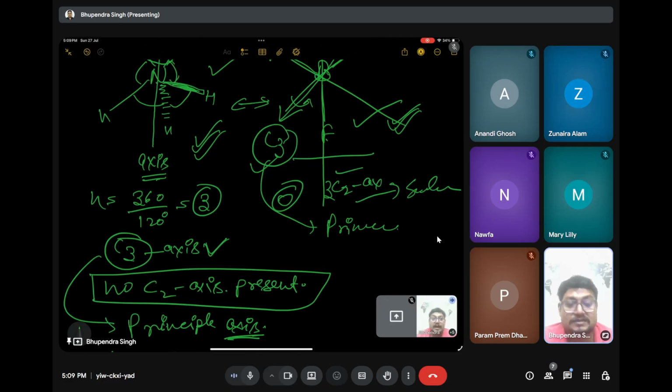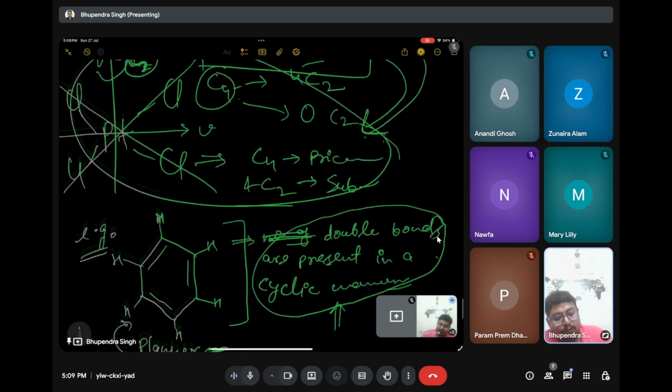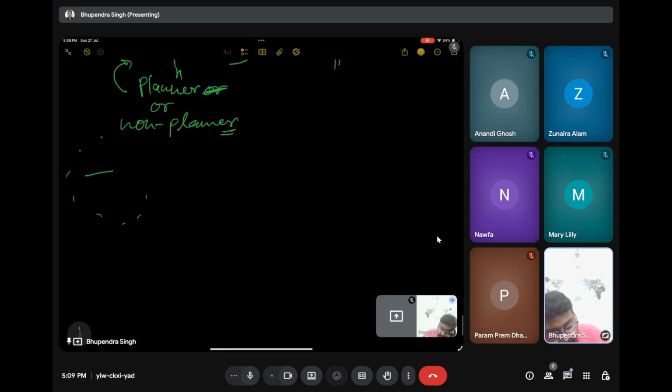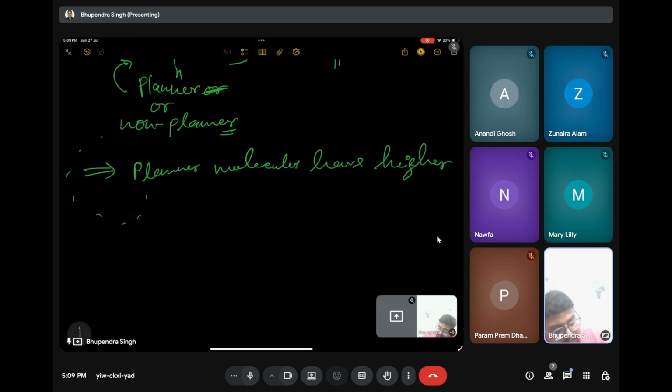So which one has the higher symmetry? BF3 has the higher symmetry. So what I have said is that a planar molecule has higher symmetry than a non-planar one.